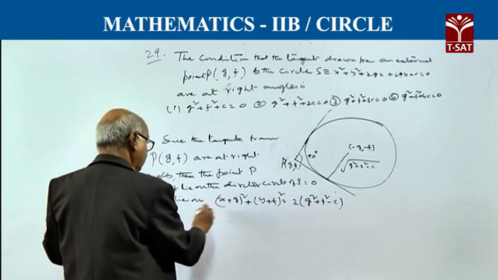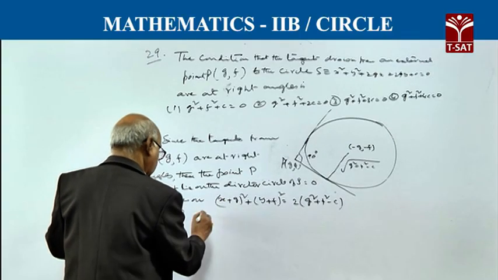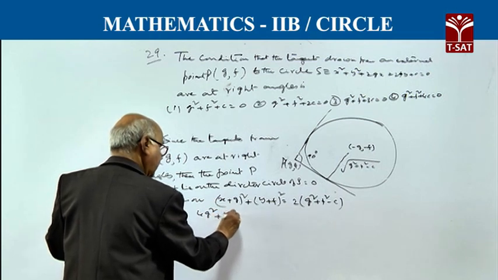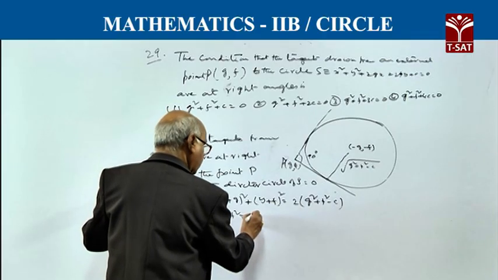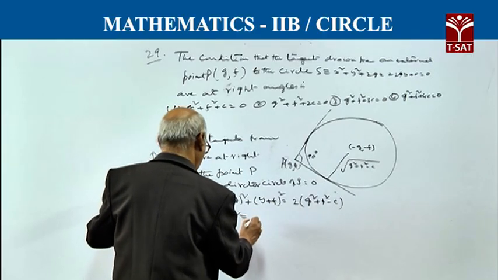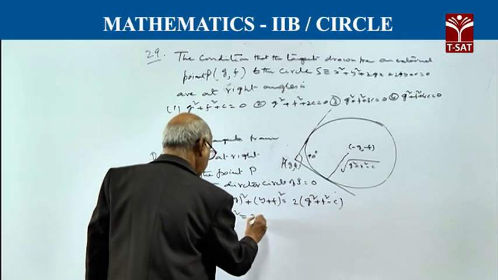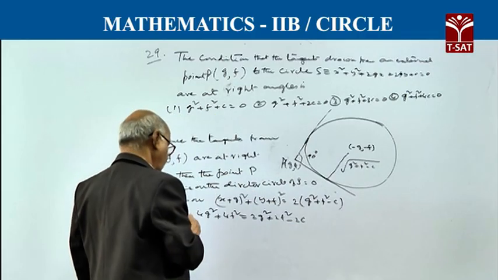So that implies 4g square plus 4f square is equal to 2g square plus 2f square minus 2c.